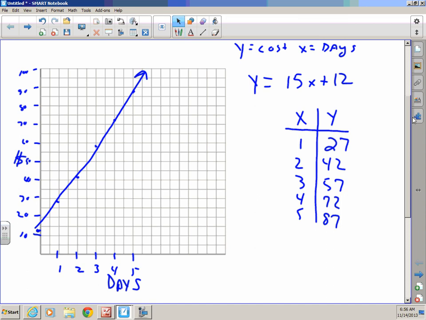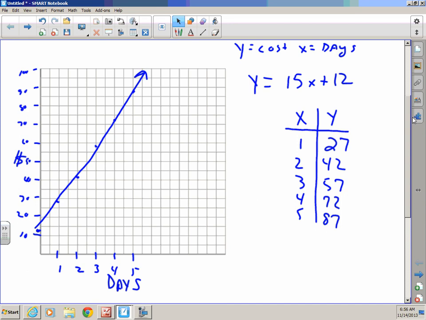One of the other things I want to point out: we talked yesterday about discrete and continuous functions. Technically, this is a discrete function because you would be charged per day, not partial days. The other thing I would point out is that your domain, which is the number of days, is restricted because you're not going to have negative days, obviously.